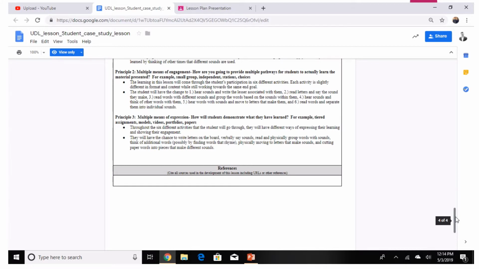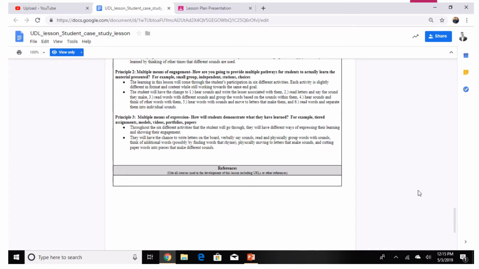So he's not just saying the sounds throughout the whole lesson, he's also writing them, he's moving to show that he knows them, he's cutting out individual sounds, and he's sorting, so he's doing multiple different things to show that he's actually learning the information.